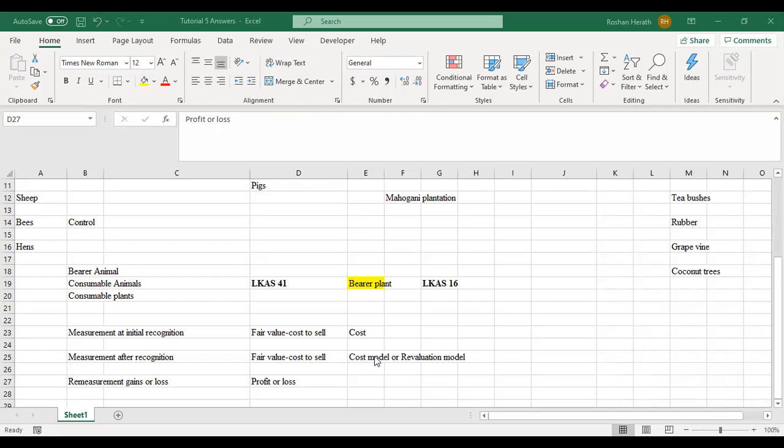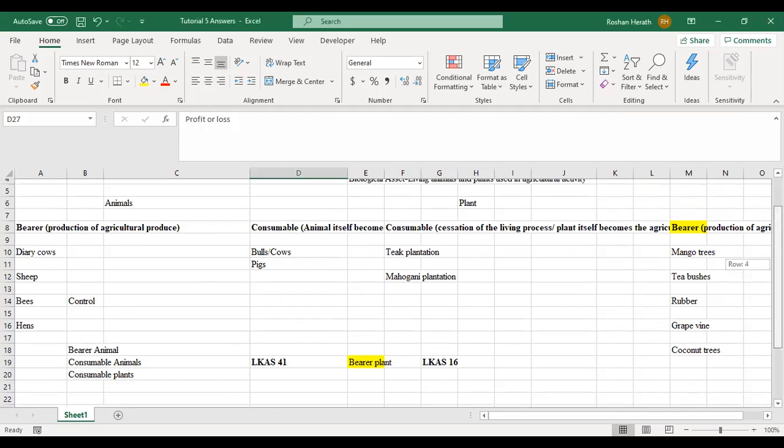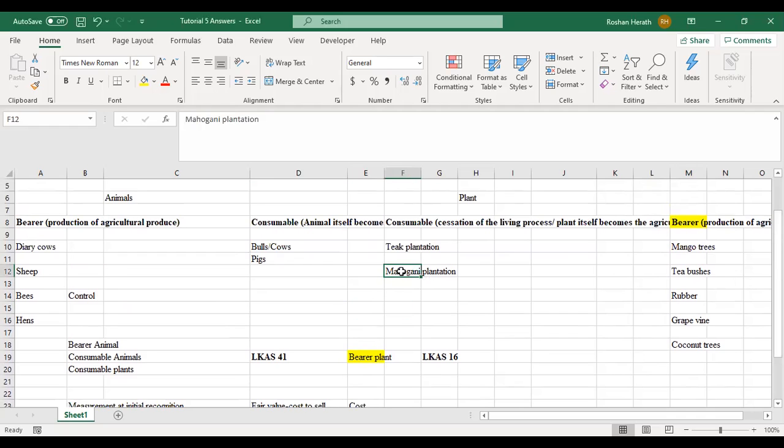But if you take the predominantly agricultural countries like New Zealand, Australia, you would see that in those territories, that is the case. So they have auction markets. When it comes to countries like Sri Lanka, what is the feasible option is that they can use the discounted technique. Say for an example, when it comes to this mahogany plantation, the mahogany plantation may take 15 years to get matured, no? 15 years to get matured.